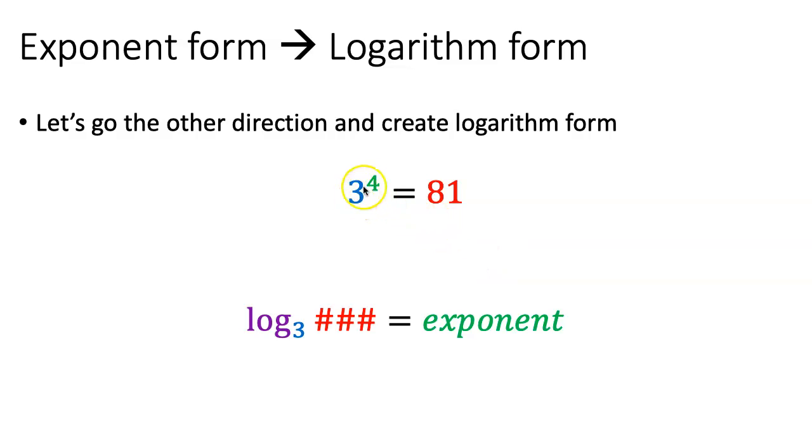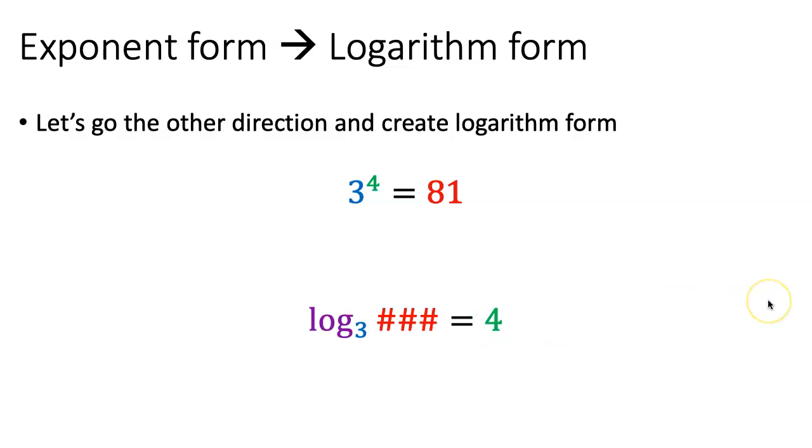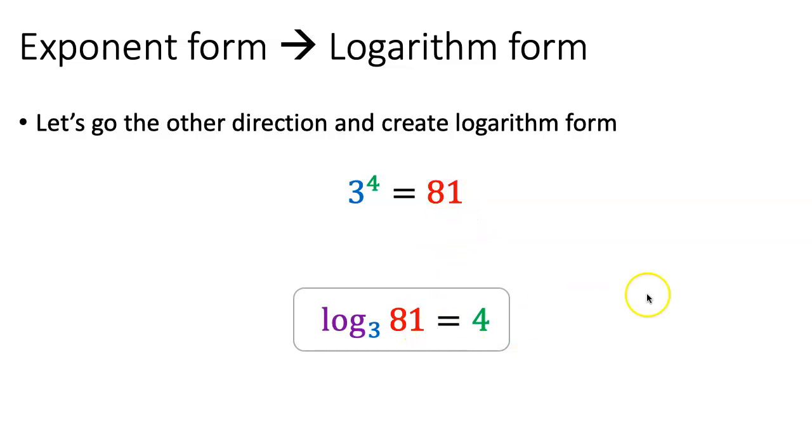The output of a logarithm is an exponent. So this 4 has got to come to this spot. And then 3 to the 4th power is 81. That's what's going to go right there. So log base 3 of 81 is 4. Or log base 3 of 81 equals 4.